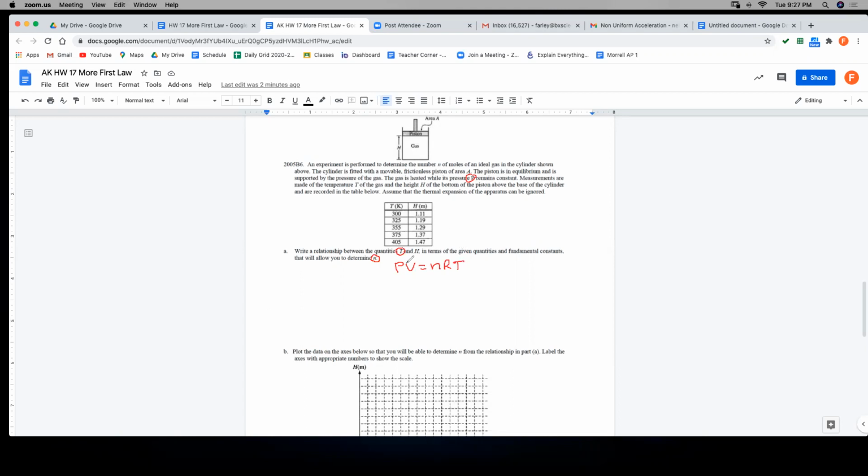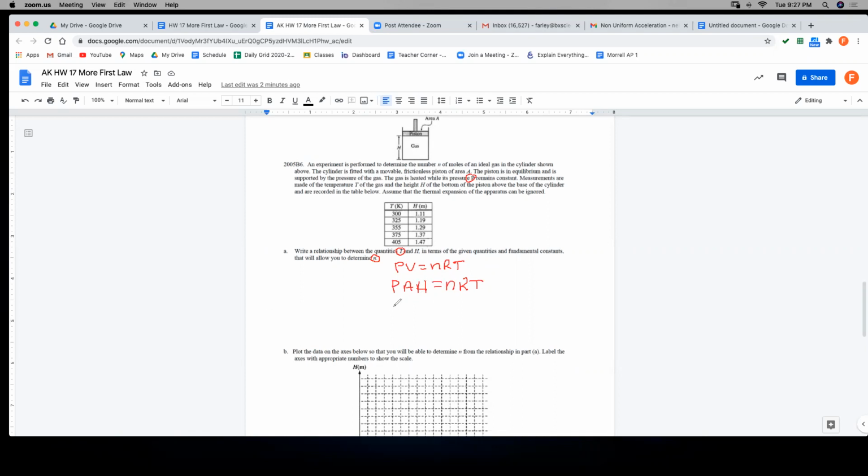Now we don't have V, we only have H, but we have A. So we know that V is equal to the area times the height. So we got P times area times the height, because area times height is going to be volume, equals nRT.